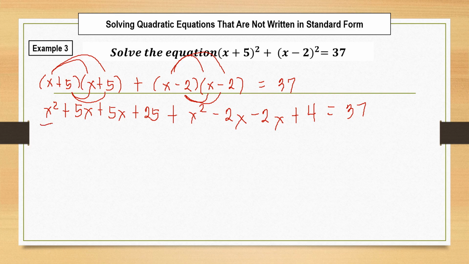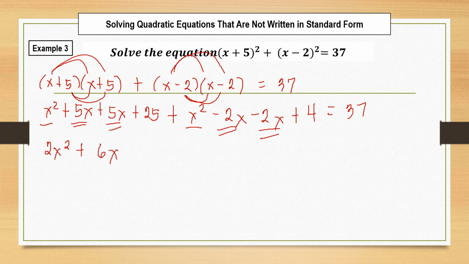x squared plus x squared is 2x squared. 5x plus 5x plus negative 2x plus negative 2x, that will give us 5 plus 5, 10 minus 4, that is 6x.